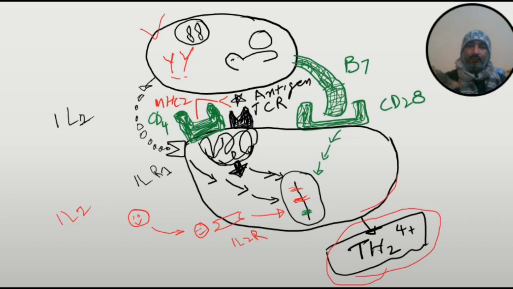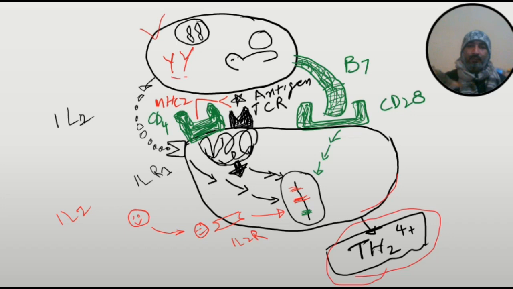After that, the autocrine pathway, the clonal selection will begin. That specific lymphocyte is selected, and clonal selection begins.